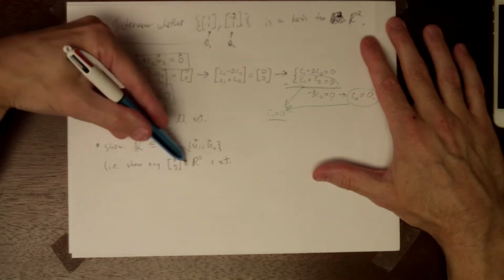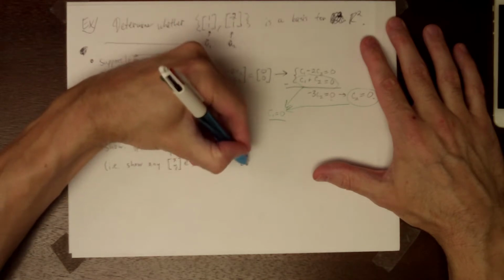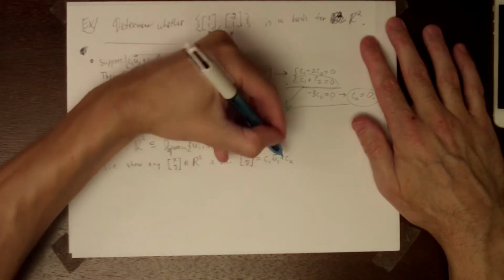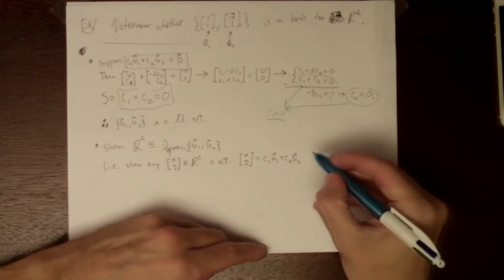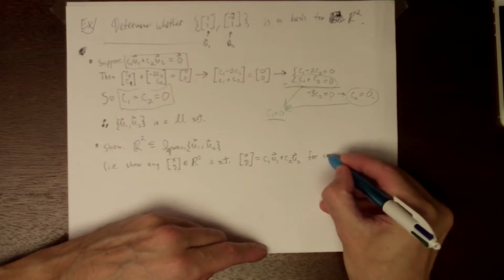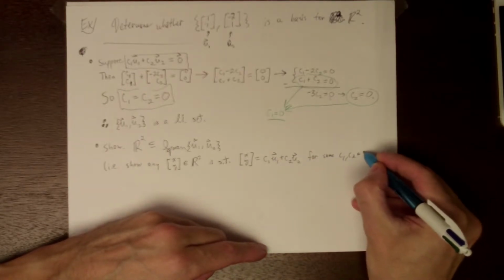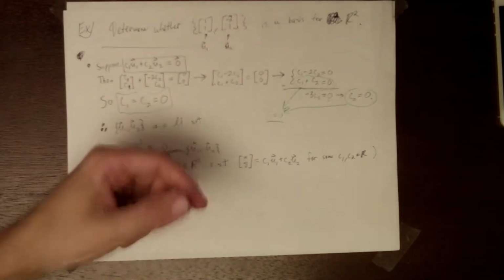Any x, y in R2 is such that x, y equals c1 u1 plus c2 u2 for some choice of scalars c1 and c2, which will be, in other words, real numbers in this context.